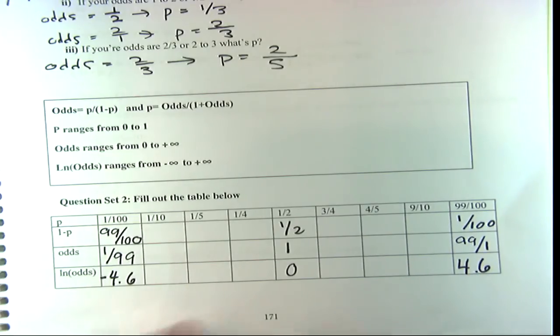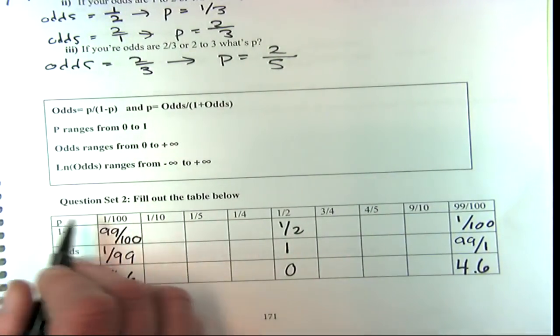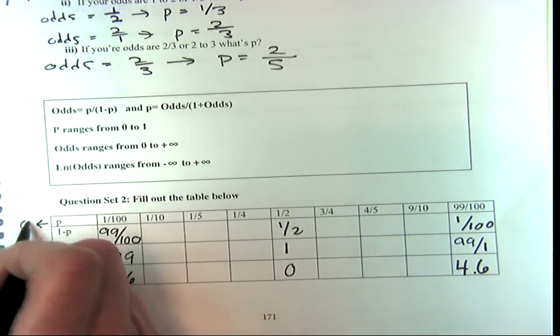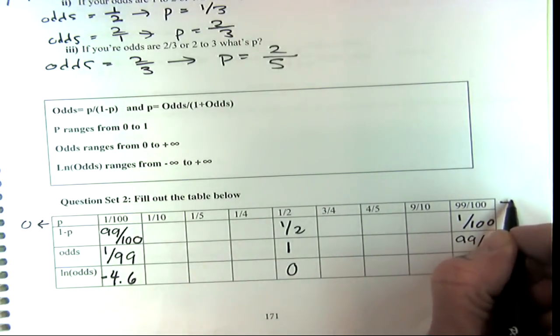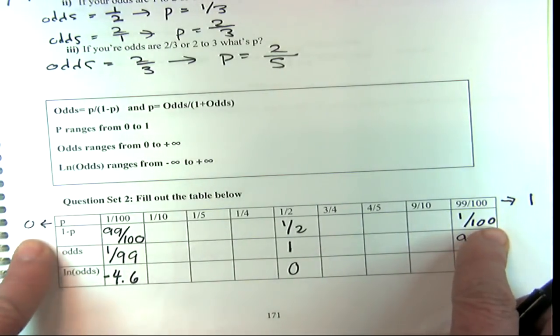So now we have this, and you can see the pattern. Probabilities range from what? We can get smaller and smaller and smaller, and it will go all the way to the limit of 0. The limit here is 1, right? Same with 1 minus P. That'd be 1 to 0.